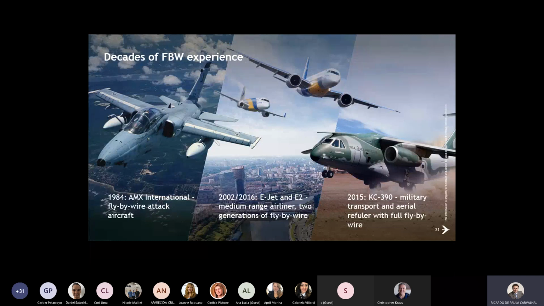Our first fly-by-wire product was the AMX, a fighter jet that first flew in 1984. Our E-Jets family, more than 1,600 airplanes flying, rely on fly-by-wire technology. And together with the Praetors, our C390 and the second generation of the E-Jets have this great technology.